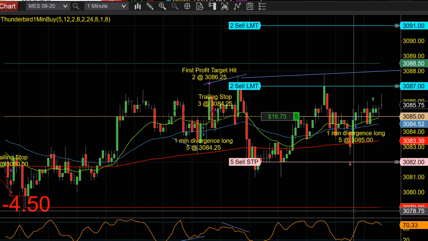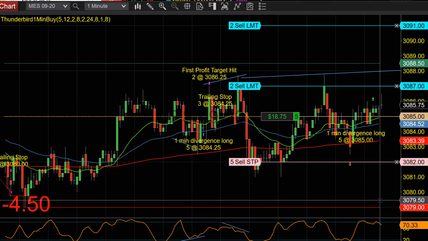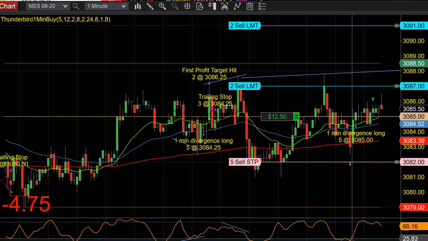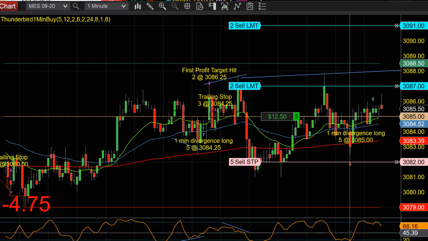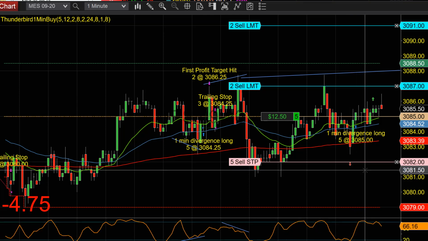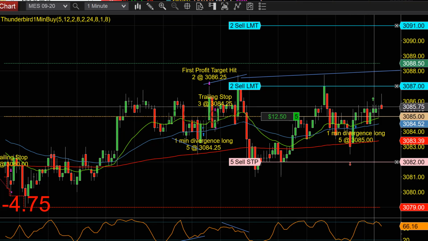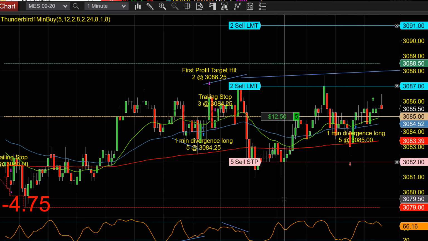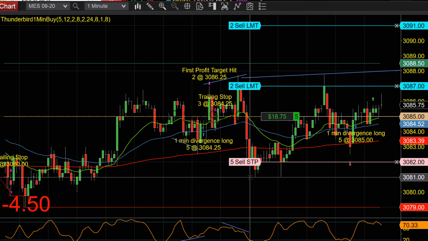So I have a part of the code that only takes a trade if the stochastics are moving from lower to higher over the divergence period. So that kind of gets the momentum going. Now this was also a double bottom divergence right here. This was a classic double bottom divergence.